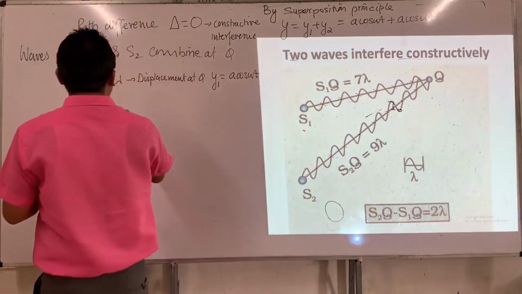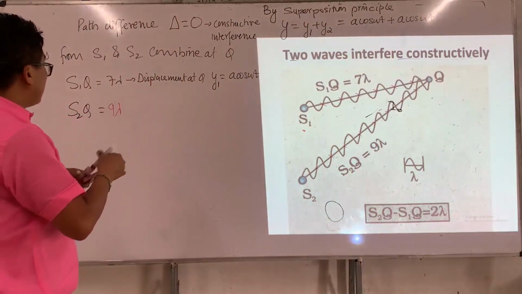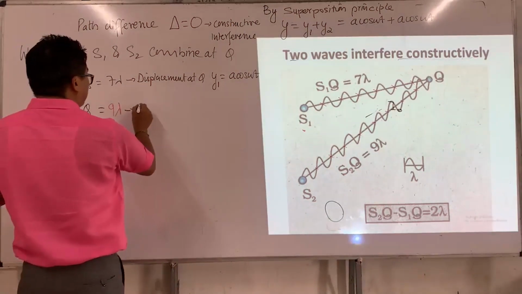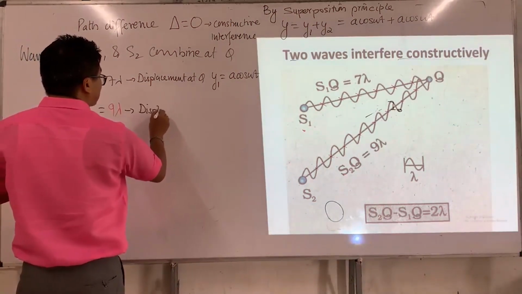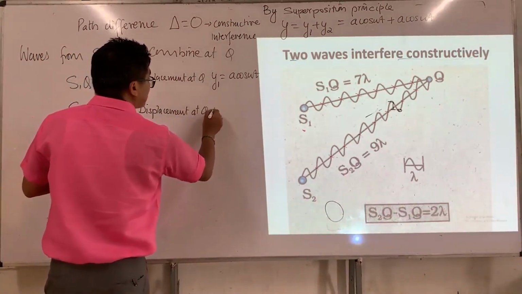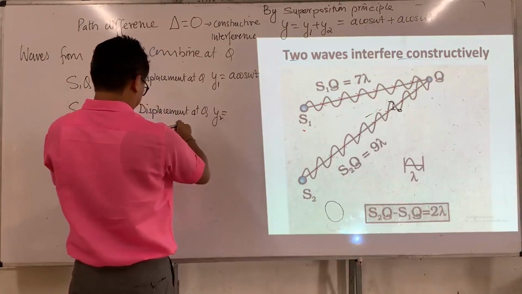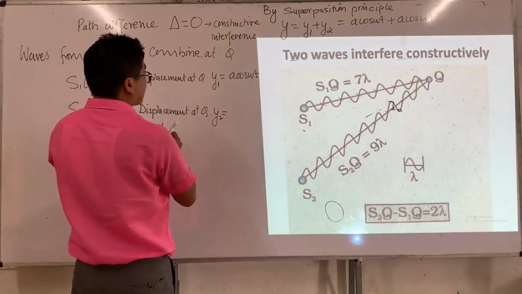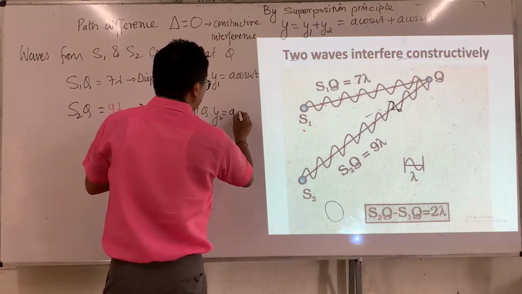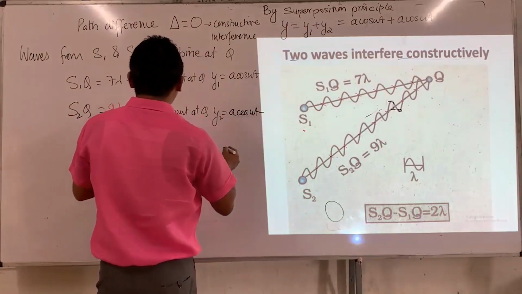We have 9 wavelengths. The distance is 9 wavelengths. What is the displacement at this point? The displacement at Q is going to be A cos omega t minus how many pi's?